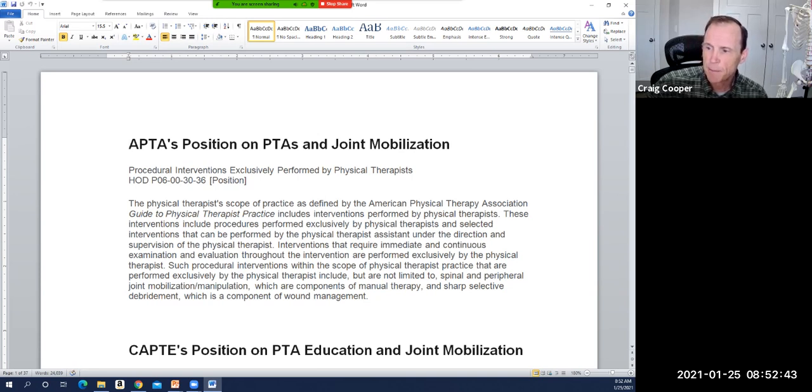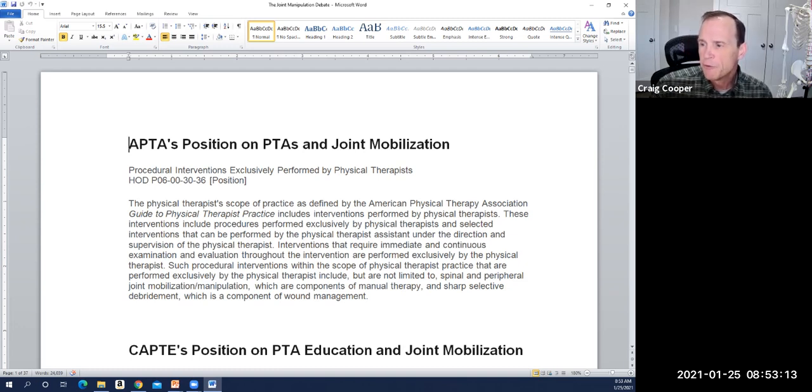If we look down at the bottom here, such procedural interventions within the scope of PT practice that are performed exclusively by the PT include, but are not limited to, spinal and peripheral joint mobilization/manipulation, which are components of manual therapy, and sharp selective debridement, which is a component of wound management. So those are the things that APTA has traditionally recognized. Many state practice acts are written to reflect that policy.